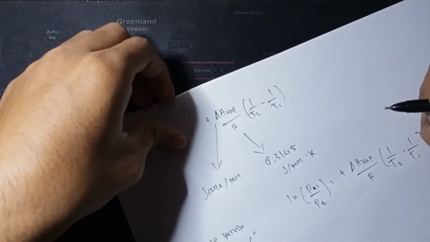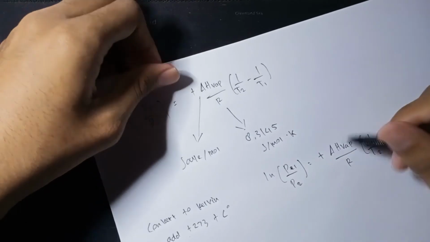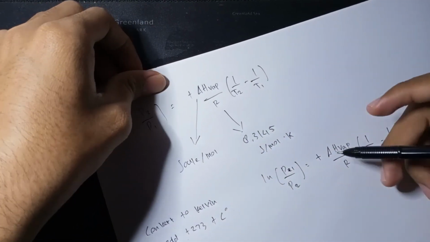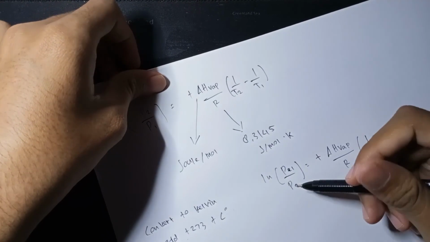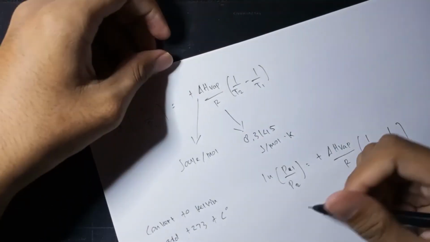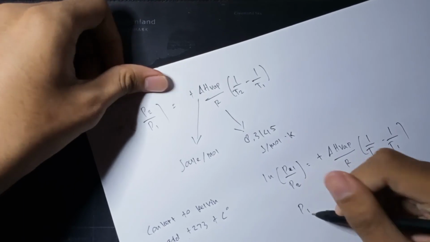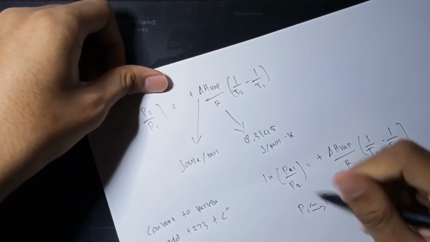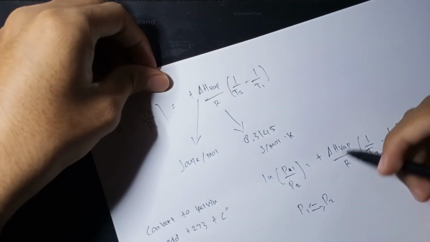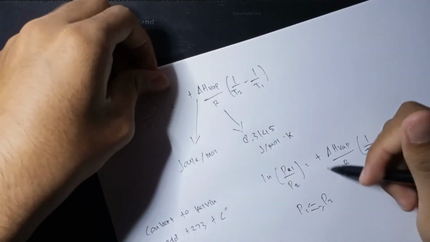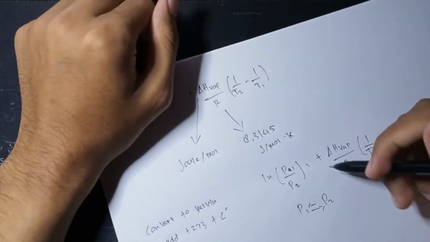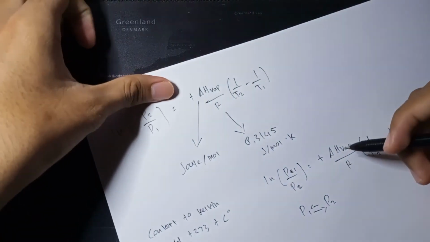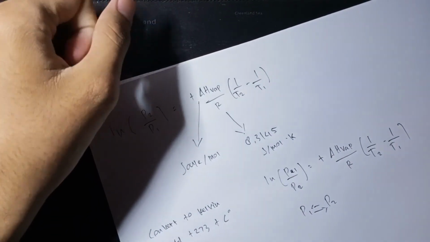When you see the ΔH here is plus instead of minus, it's probably because the pressure is reversed. If P1 is swapped with P2 right here, the sign is different, and instead of becoming the negative sign, it becomes the positive sign.